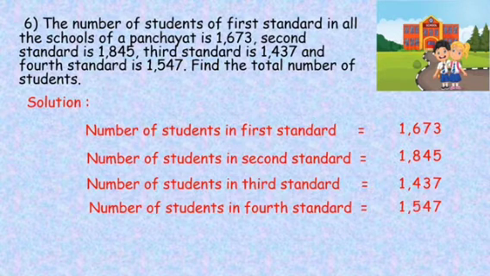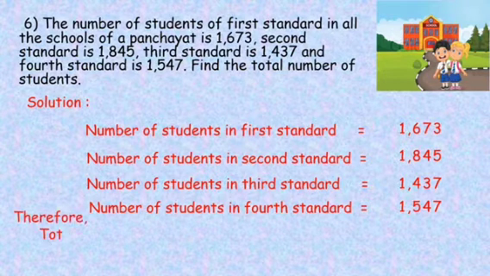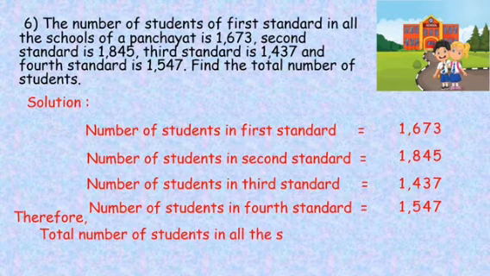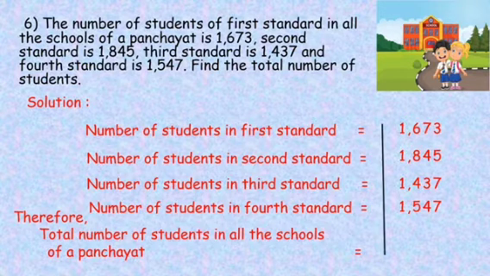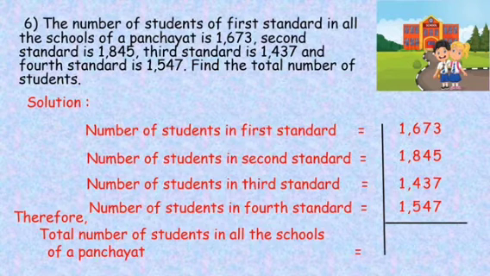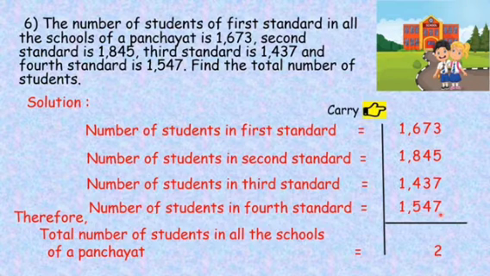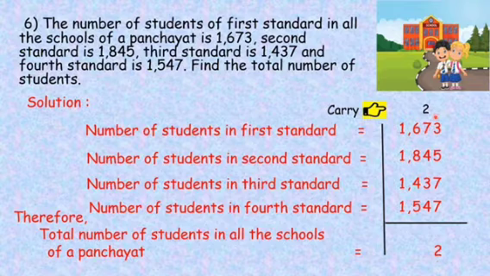Therefore, total number of students in all the schools of a panchayat is equal to, we'll have to add all four numbers here. 7 plus 7 plus 5 plus 3 gives us 22, wherein we put 2 here and another 2 goes as a carryover.